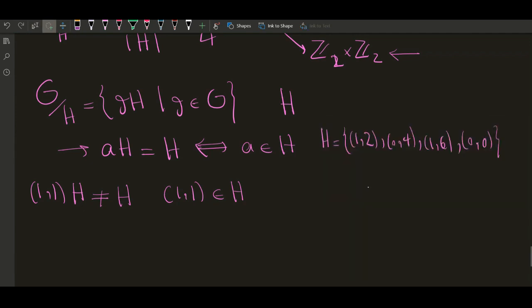It's our group. We say that (1, 1) doesn't belong to H, so (1, 1)H is not equal to the identity element.